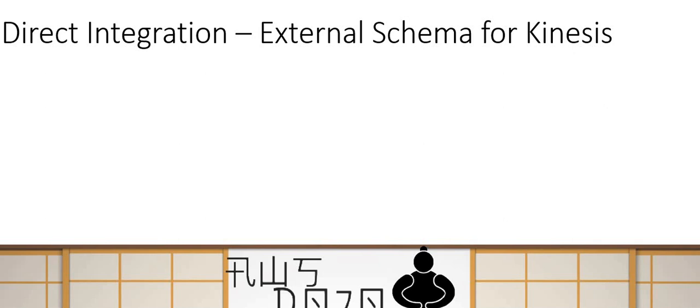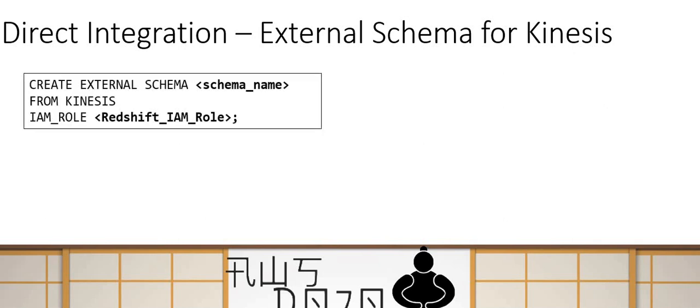Next, we create an external schema for Kinesis. And here's the syntax for that. It's similar to how you create an external schema for S3 or an external schema for the data catalog. So you can say simply create external schema, my schema name, from Kinesis, and then you provide the IAM role, which authorizes the Redshift cluster, that is, which IAM role to use to create the external schema.